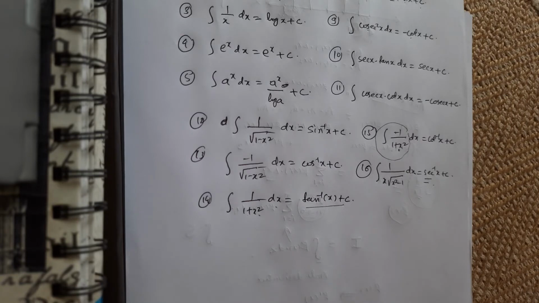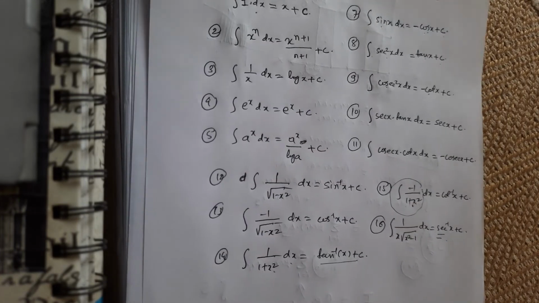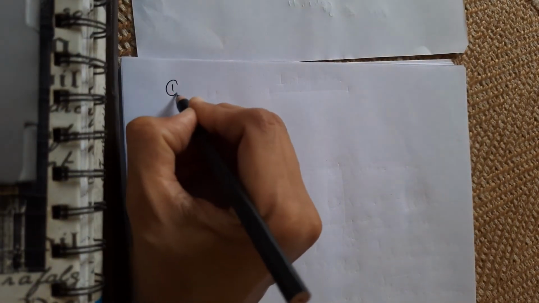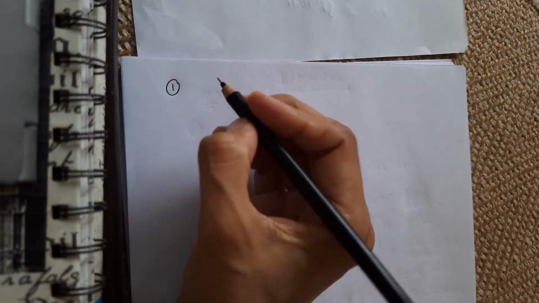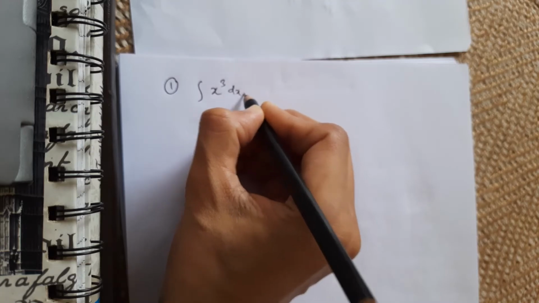Now I will show you how to use these formulas. In a very similar way to how we used the formulas in derivatives, we are going to solve the problems. So for example, I am just writing a few examples here.